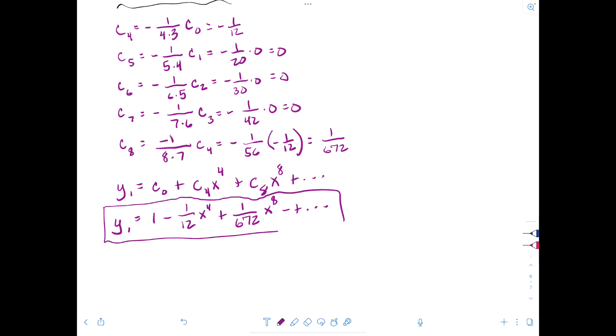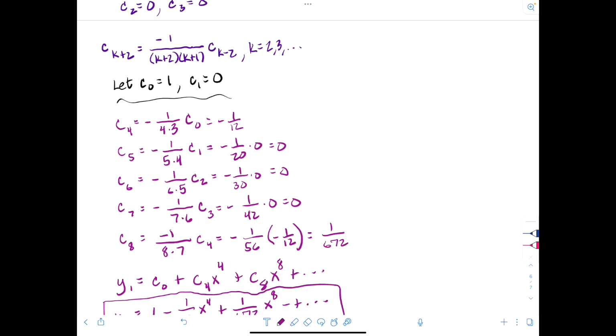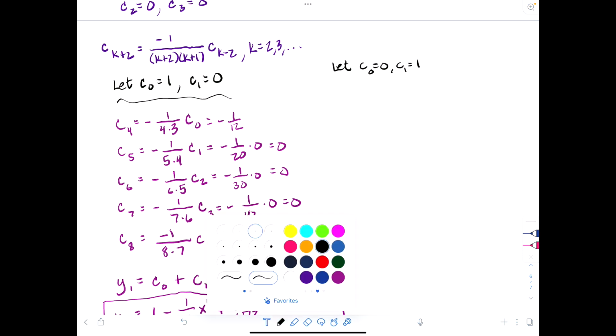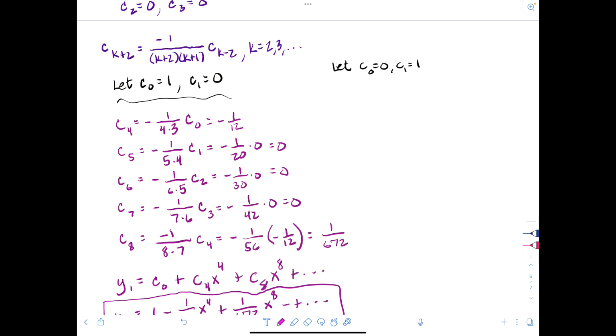Now we get our second solution just by letting C0 be 0 and C1 be 1. And again, we work through it. So C4 will be when k is 2. And we're going to get the same stuff. We're going to get negative 1/12 times C0. But this time, C0 is what? 0, right?